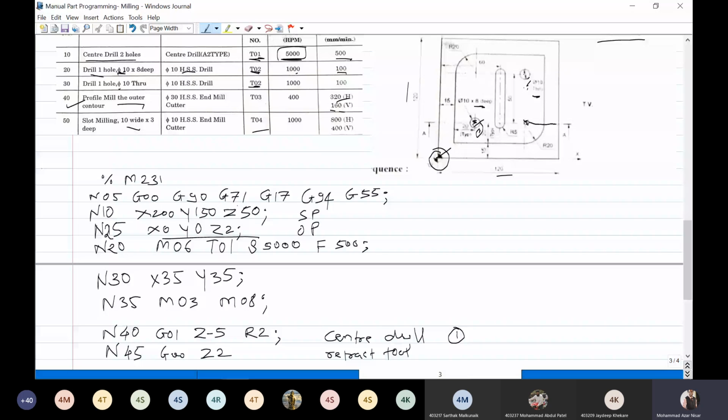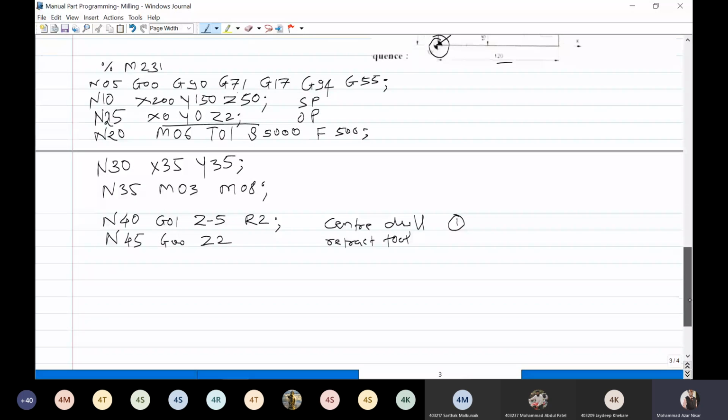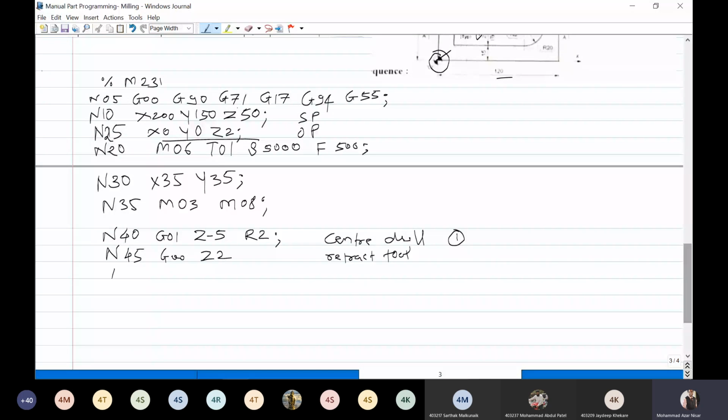You have to subtract this distance from 120, so 35 minus 120 gives 85. So write down that coordinate.